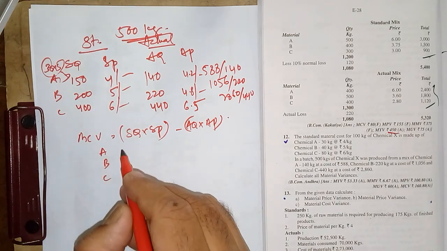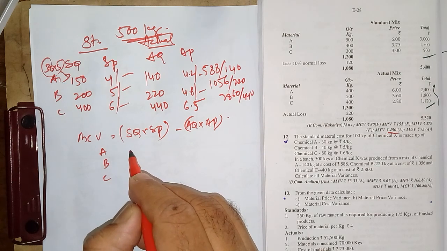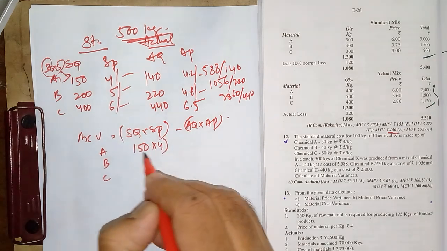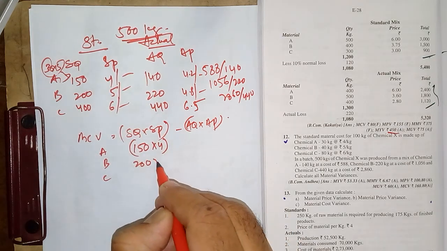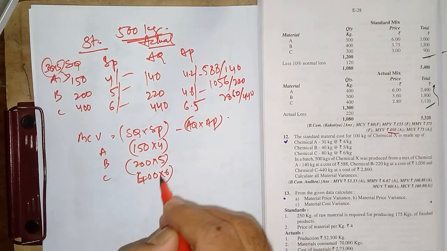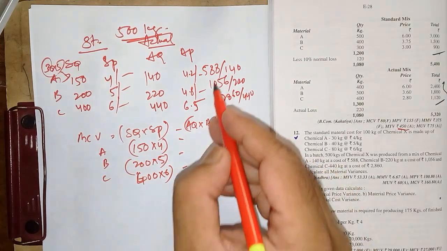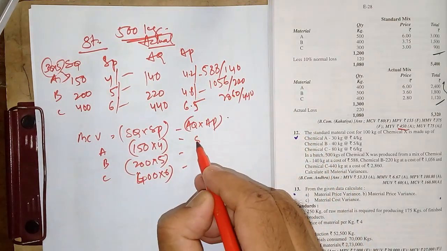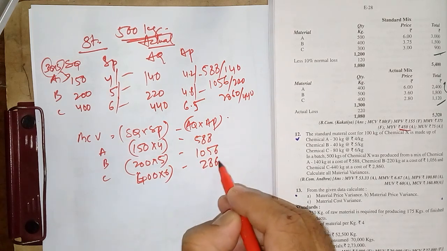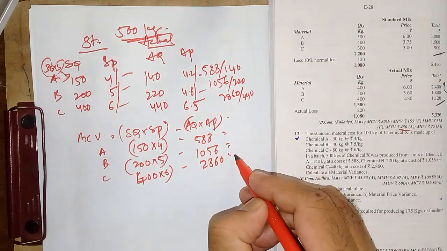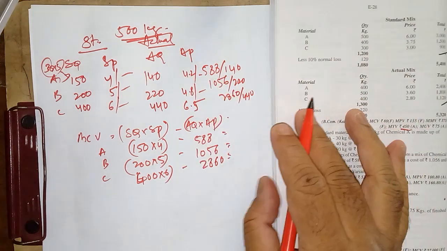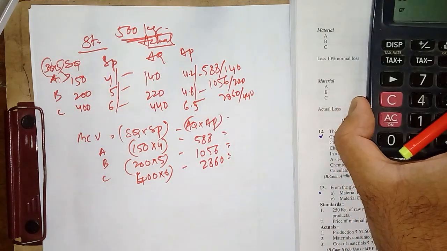So standard quantity A is 150 into 4, then 200 into 5, then 400 into 6, minus, directly we can write these values like 588, 1056 and 2860, because these SQ into SP and AQ into AP values are already given, where we have converted to per unit also.